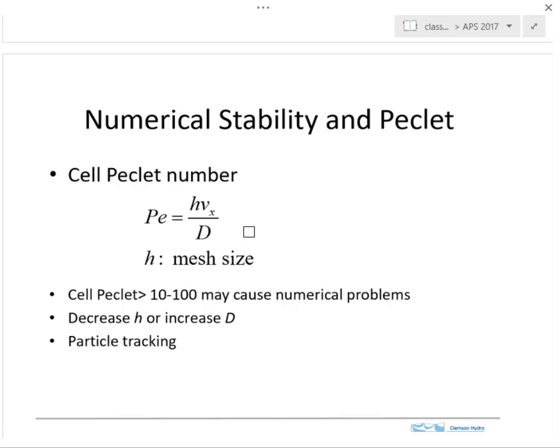It causes numerical problems, in particular as the Peclet number gets larger. A typical characteristic of this is that if you have a step in the concentration, instead of the concentration being represented like this, it gets ripply like that.